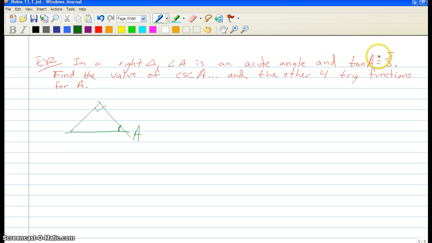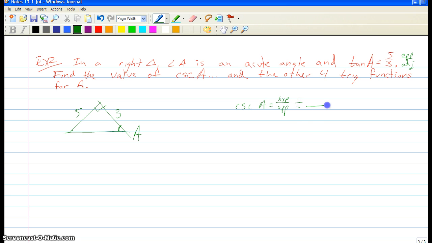Tangent of A, hopefully you remember that tangent is the opposite over the adjacent. So the opposite of A is 5, and the adjacent of A is 3. Find the value of cosecant of A. Well, cosecant of A is the reciprocal of sine, so that's the hypotenuse over the opposite.